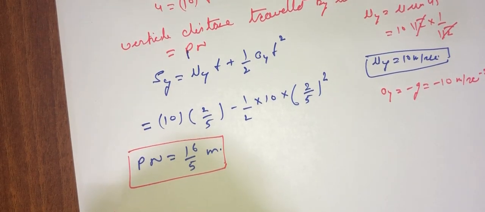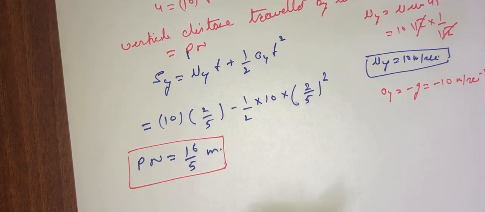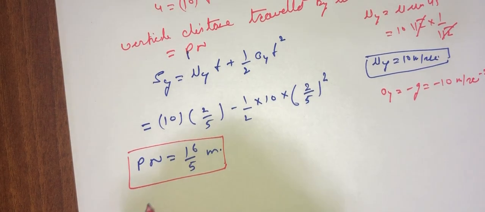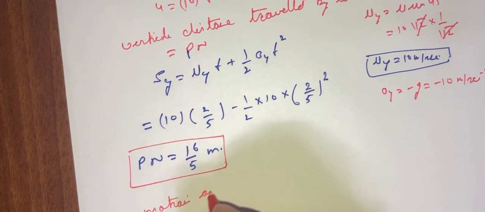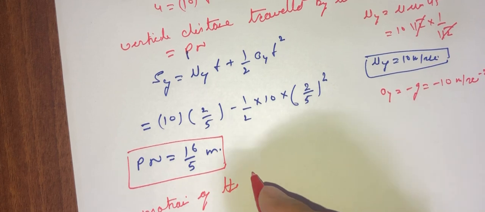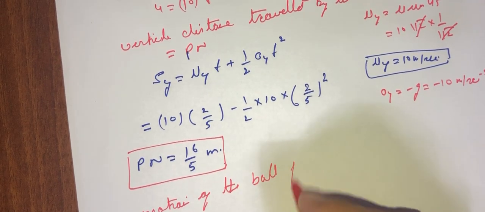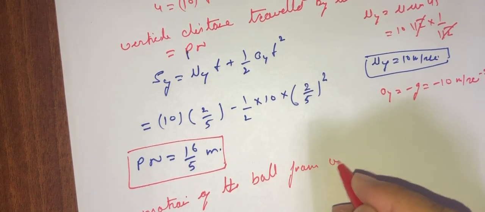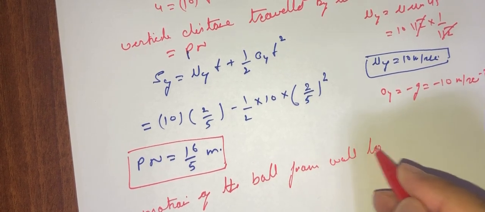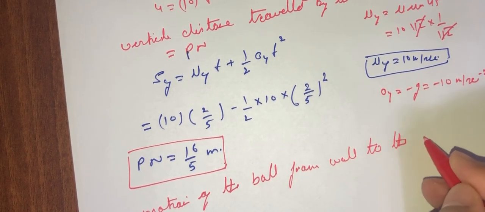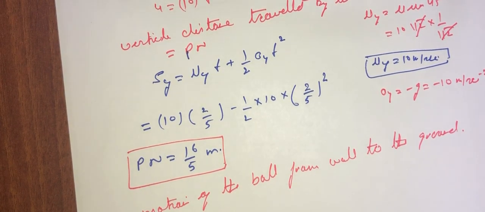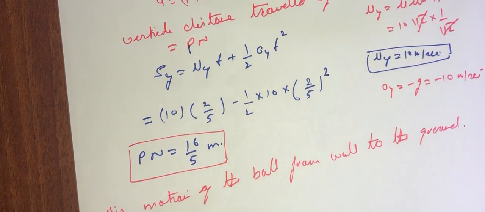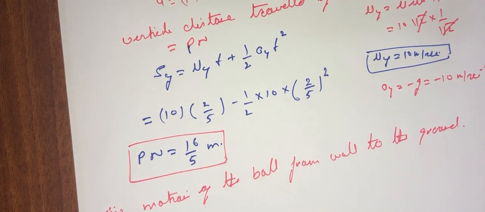The second part states the motion of the ball from the wall to the ground. So in this case, the vertical distance traveled by the ball will be PM.